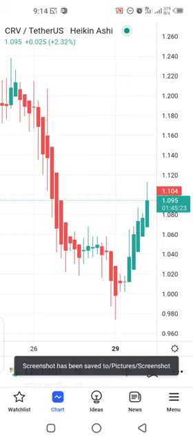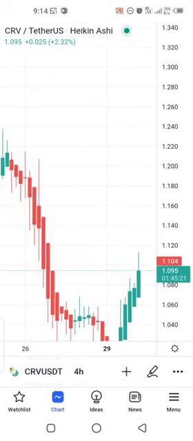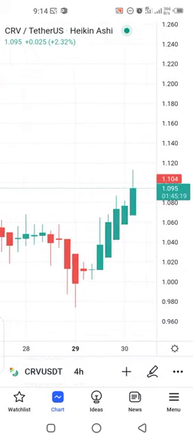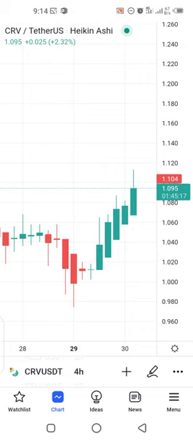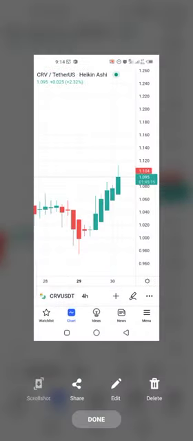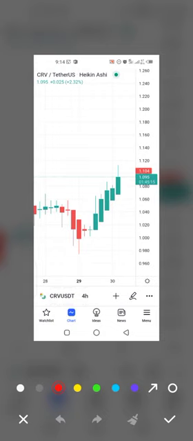Now we want to learn about another important indicator that is very key, and I want you to put your focus on it. This indicator is what we call the doji, like you see on your screen there. Now what is a doji? A doji is an indicator, ladies and gentlemen.